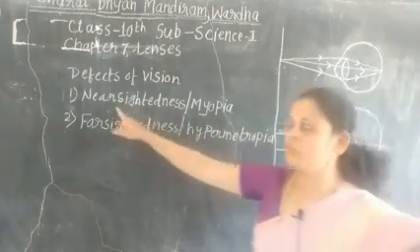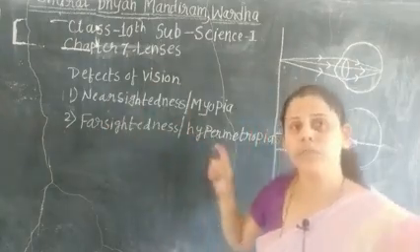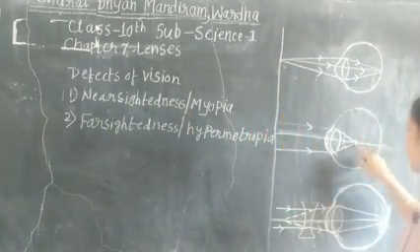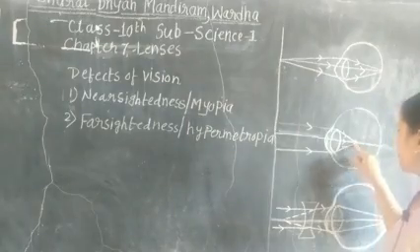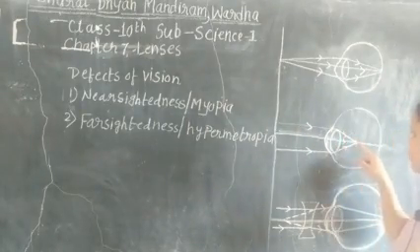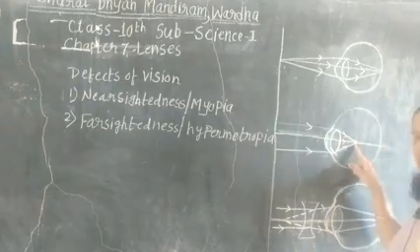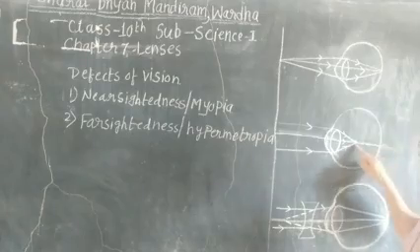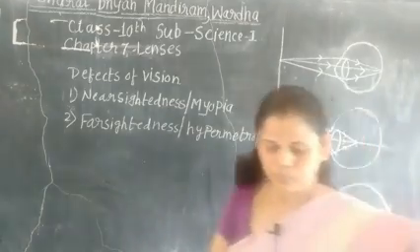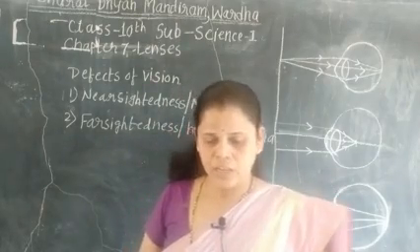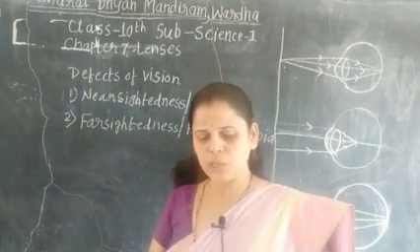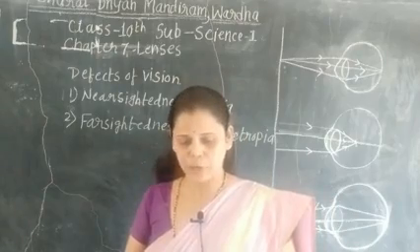But in the case of nearsightedness, the light rays are refracted and form the image in front of the retina.